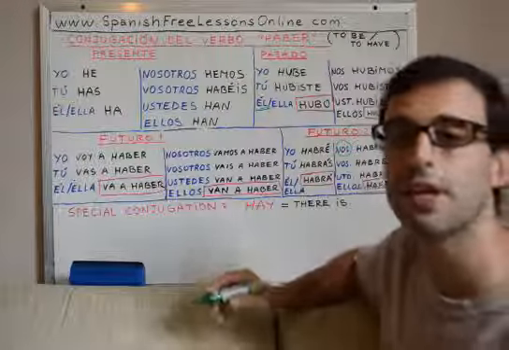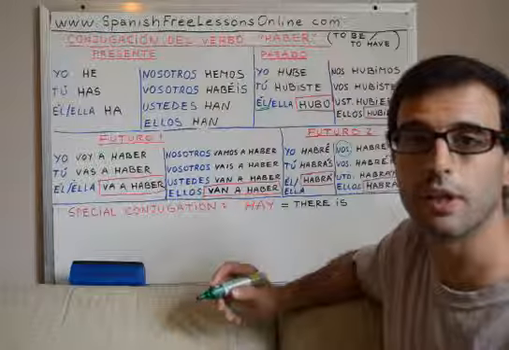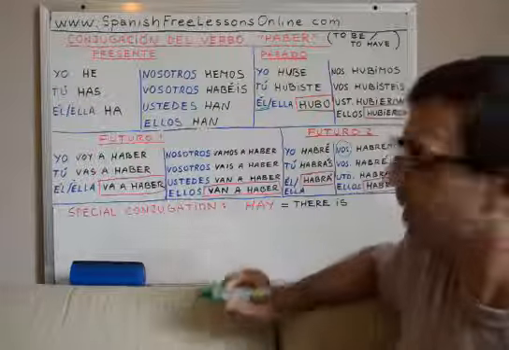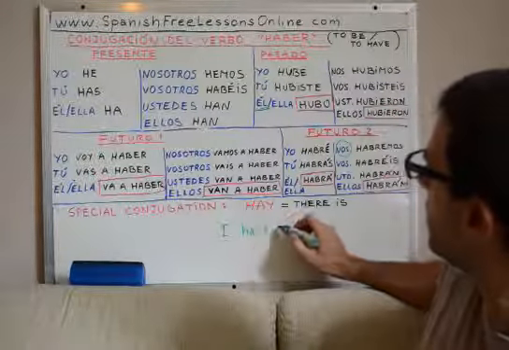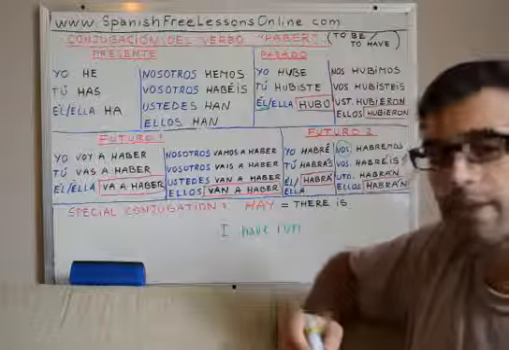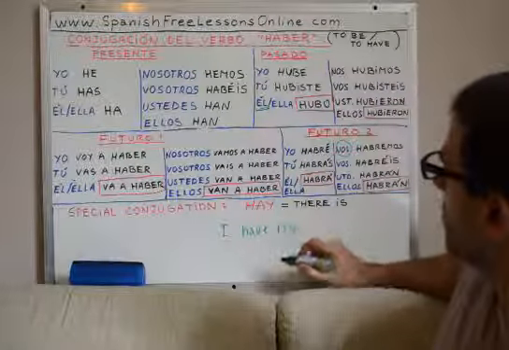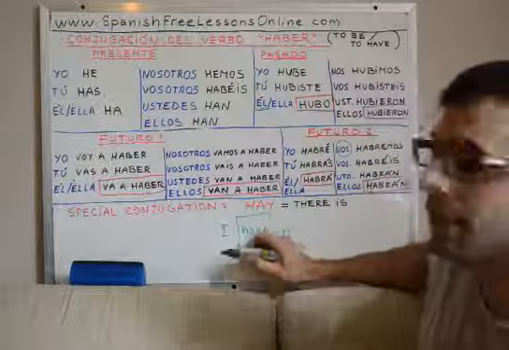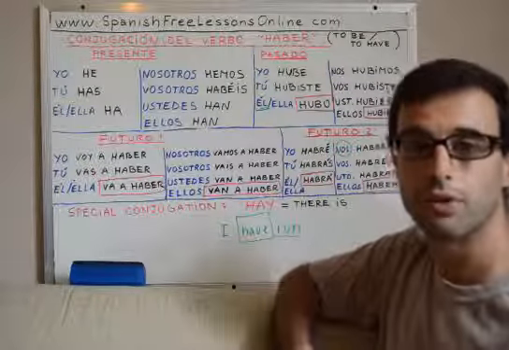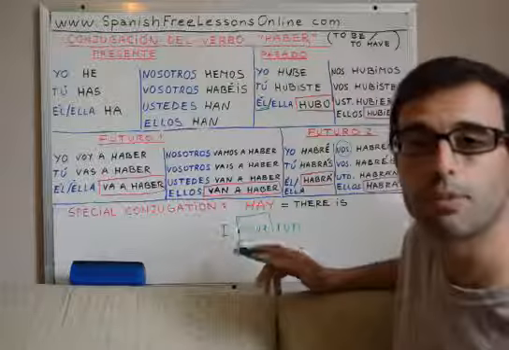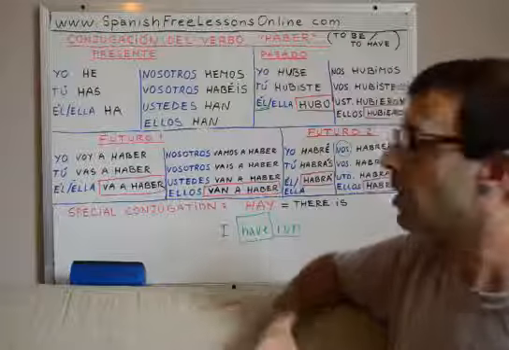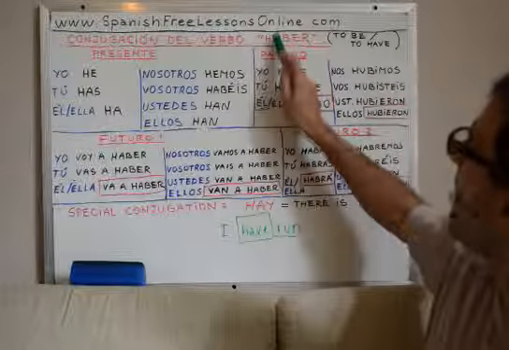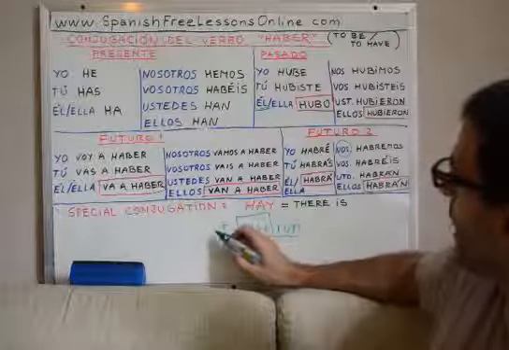Let's conjugate the verb to run in present perfect: I have run. We are conjugating the verb to run, but the verb to have is the auxiliary verb. In Spanish, for the present perfect and for all the other compound conjugations, our auxiliary verb is the verb haber.